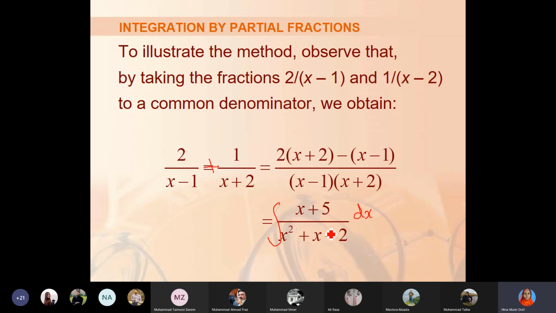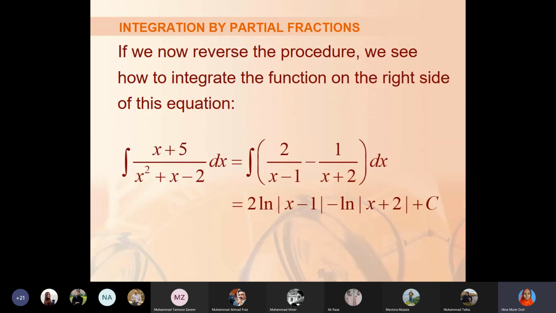So we write it as a sum of fractions which are simpler than this. This process is called the method of partial fractions. It is only done for the purpose of integration. So that's our task in today's lecture.